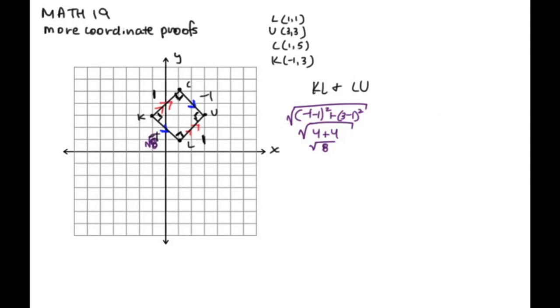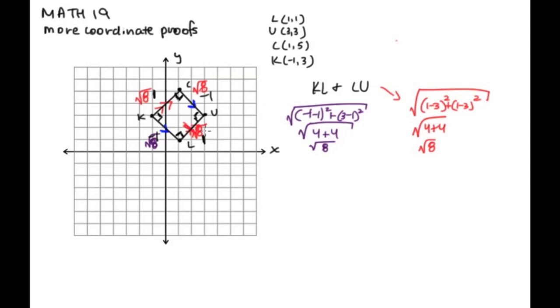And now we're going to do LU, which is square root of 1 minus 3 squared plus 1 minus 3 squared, 8. So we see that there's two consecutive sides, and that means that all four sides are congruent. So this is also rad 8, this is rad 8. So each of these are congruent.